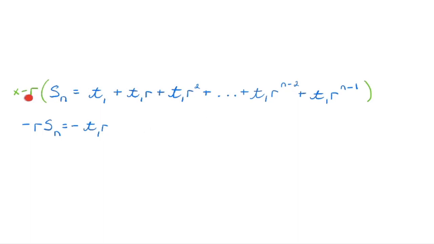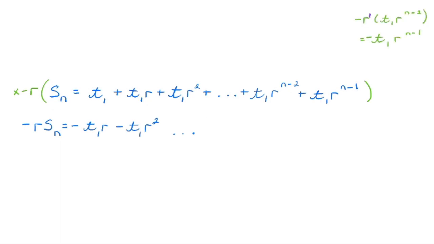We're now going to have a negative r times term 1 r, so we're going to have a negative term 1, and now r times r, we're adding the exponents. We're going to have r squared. And then we're going to keep going all the way along here. And when we get down here, we're going to have a negative times term 1 is a negative term 1, and then r times r to the power of n minus 2.